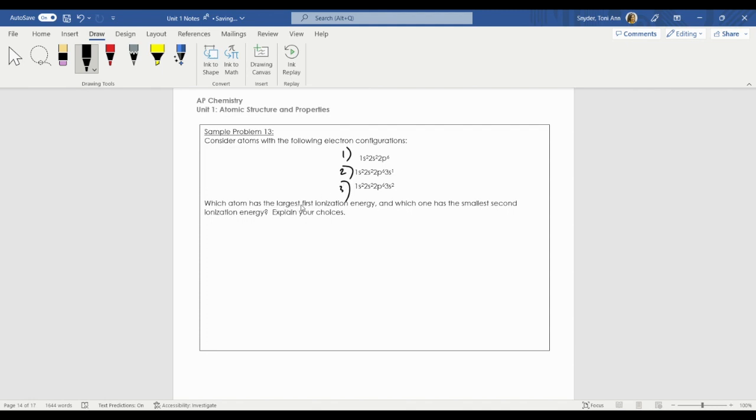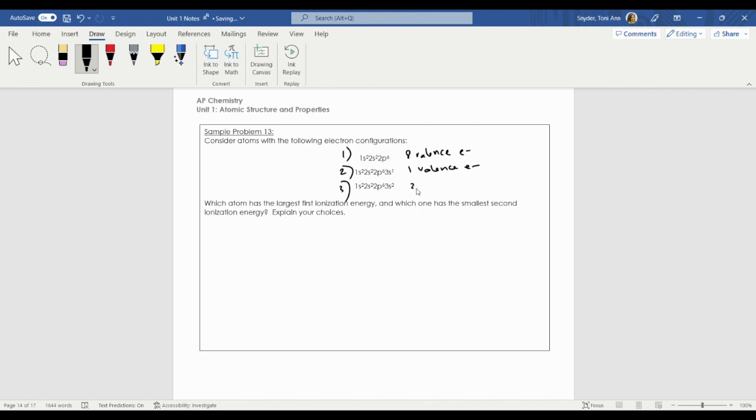Okay. Largest first ionization energy. We have to consider how many valence electrons these have. 1s2, 2p6. Looks like this one has 8 valence electrons, so this must be a noble gas, and particularly it must be neon. Next one looks like I have 1 valence electron there.